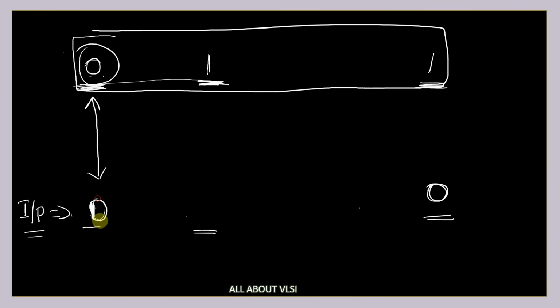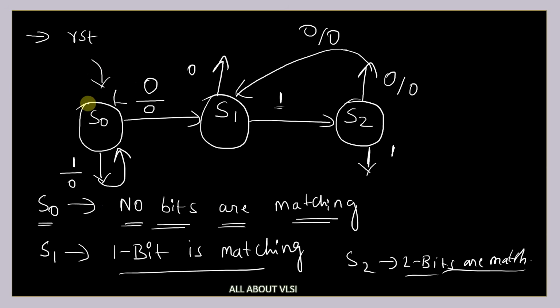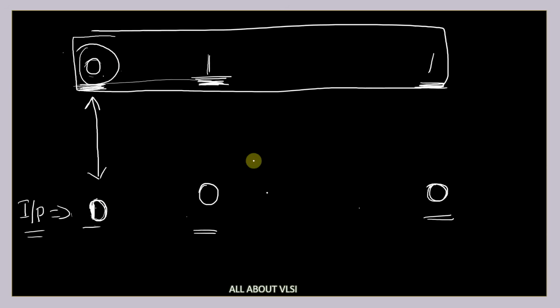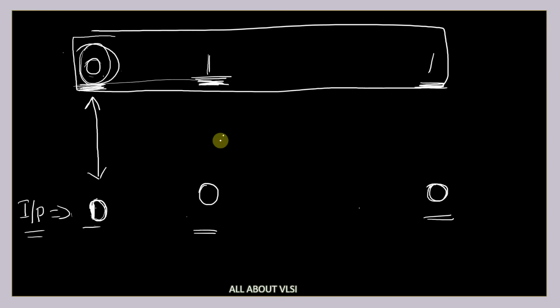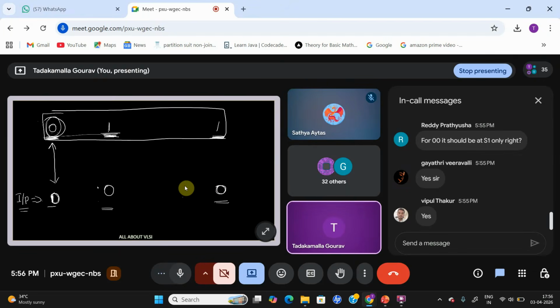So you can see we have 1 0, and instead of 1, what we are expecting, we are getting one more 0. Since the sequence is not getting matched, you can simply go to S0. There is no problem. But if you carefully observe, this 0 can be used as a starting bit of the sequence. Am I right or wrong? So that means one bit is matching. So I can stay in the same state only, right? If my input is equal to 0, I can stay in the same state only, right? Yes or no? Is it clear?